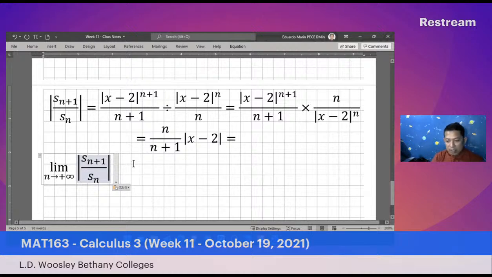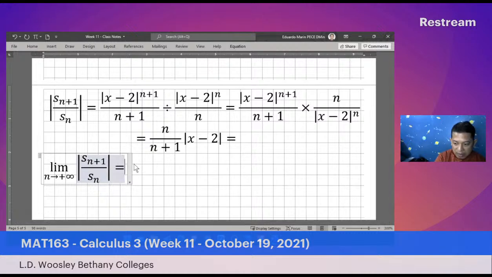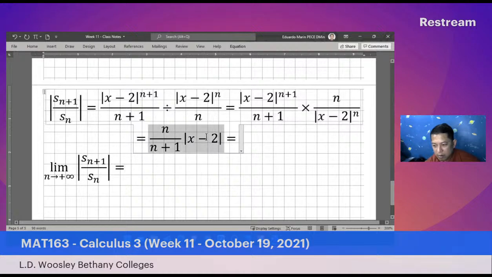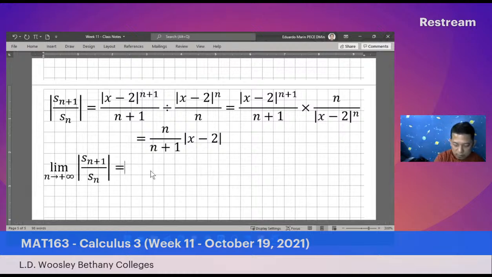So what happens there? There will be manipulation here. Divide the n by n. What you have here is the limit of n over n plus 1.